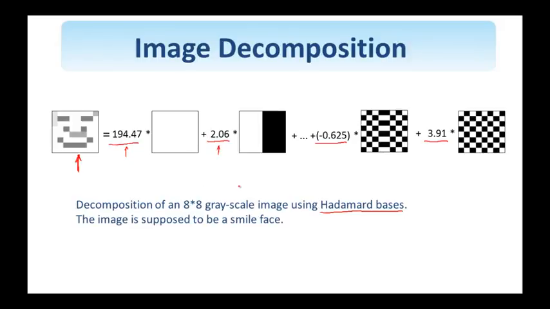So the main idea is that if these bases are known, they're Hadamard bases, to both encoder and decoder, all I need to send to the decoder are these projection coefficients, and the decoder, utilizing these coefficients, can reconstruct the image just using this expression shown here.